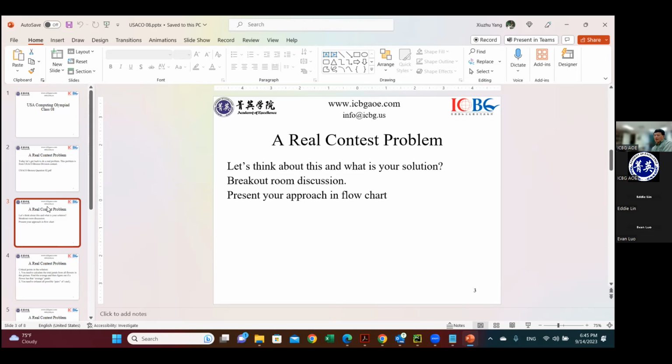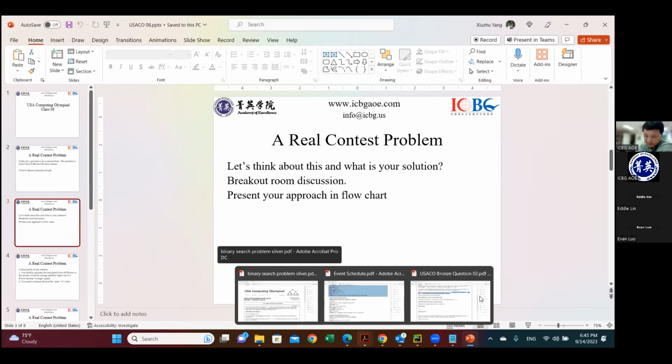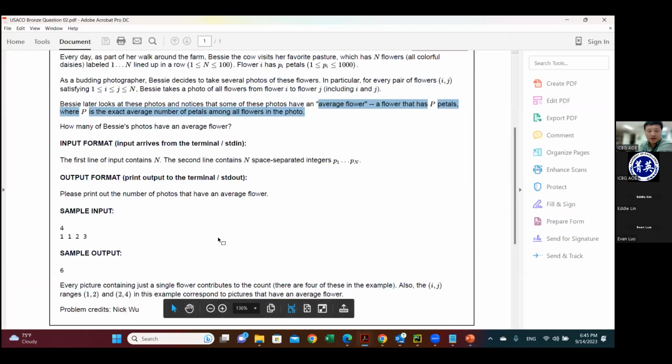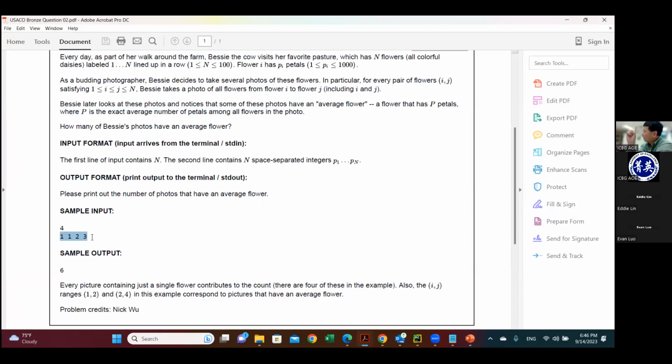I'm still having trouble figuring out how the sample input and the sample output are correlated. Okay, let me explain this to you. You only have 4 flowers, right? So average flower, they already explain it.